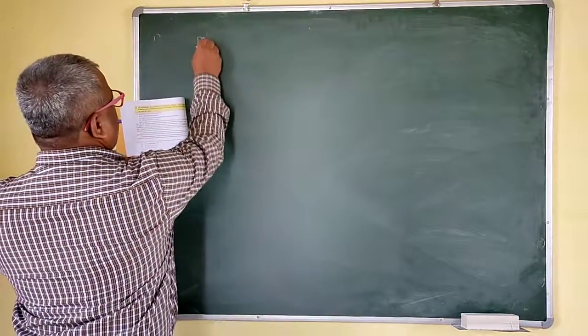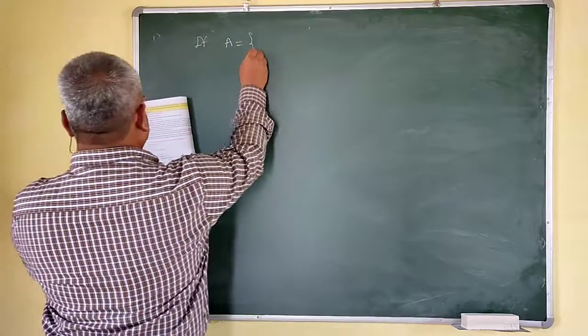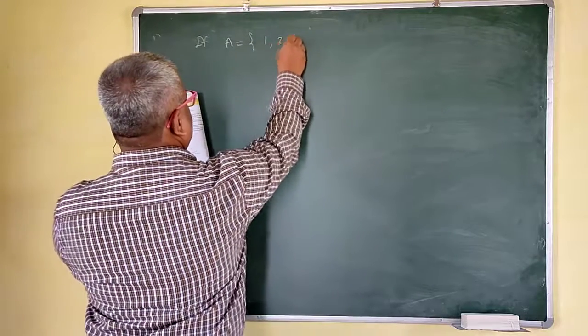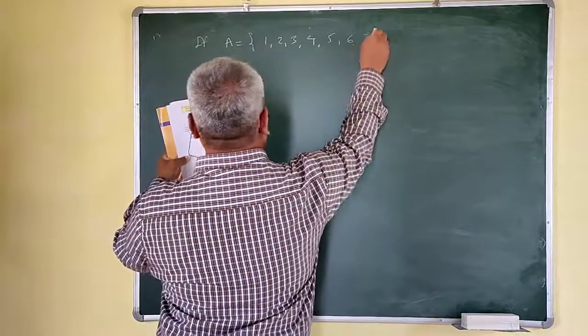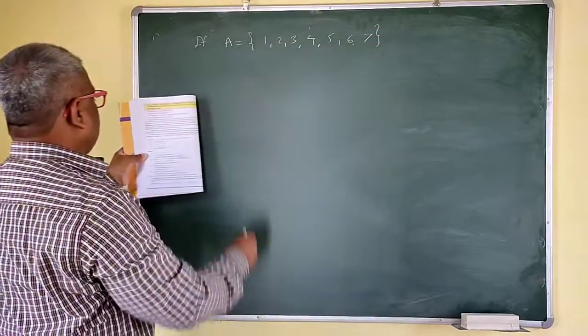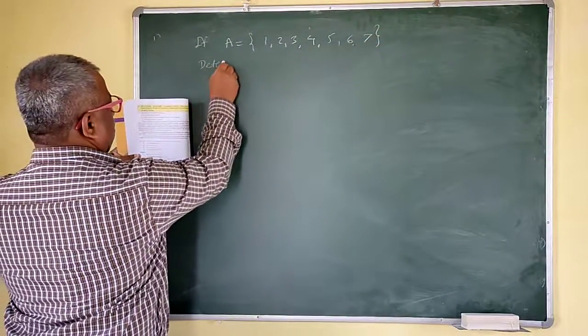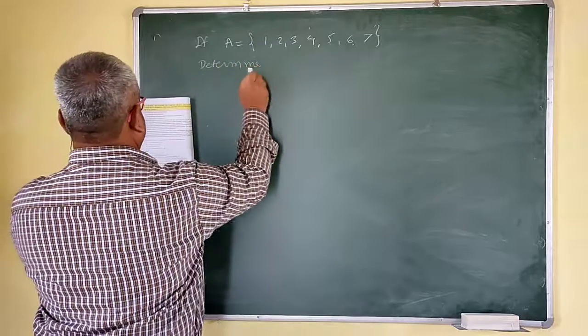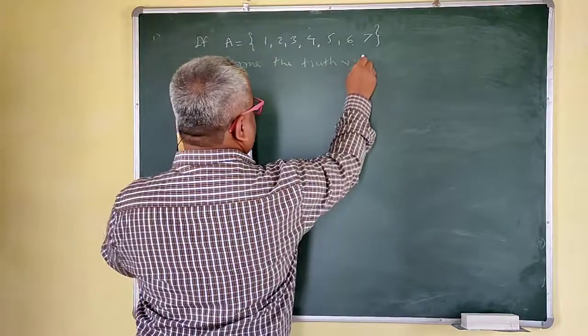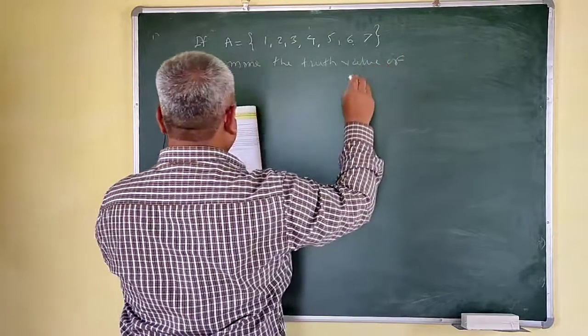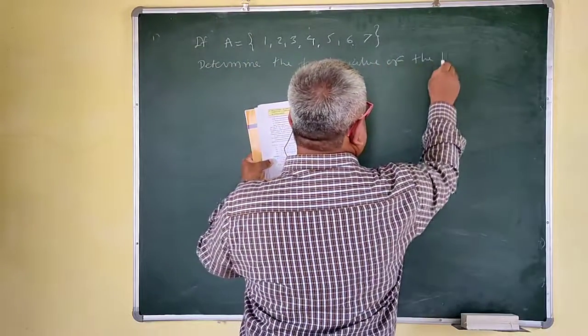If A is equal to {1, 2, 3, 4, 5, 6, 7}, this set is given to you. Determine the truth value of the following.